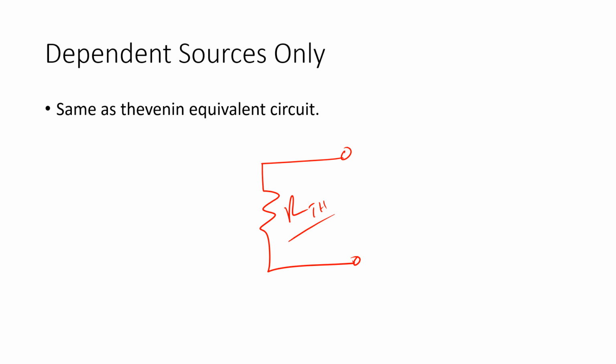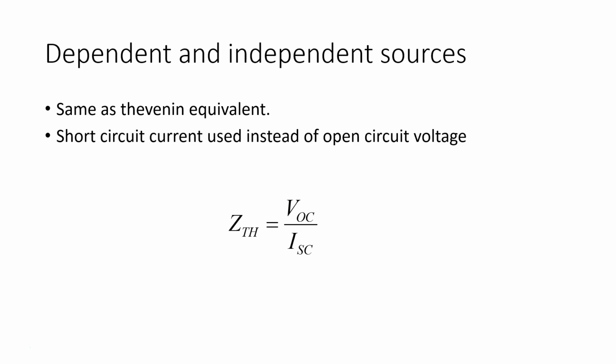If you remember the method we followed, you put in your 1 volt source and you find the current coming out of it, and that gives you the Thevenin equivalent resistance, the ratio of the voltage to the current. If you can't remember, go back to your notes on the Thevenin equivalent circuit and review them. It is exactly the same.